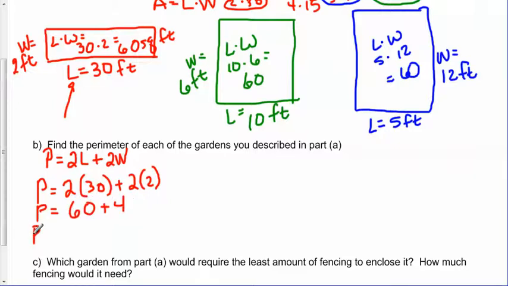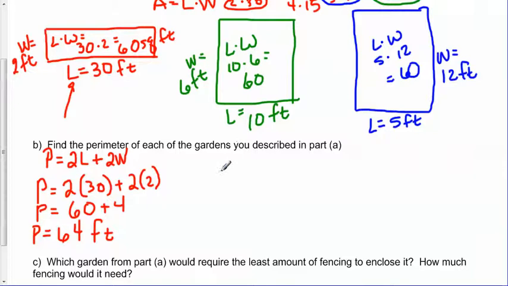So the perimeter for this one would be 64. And because we're talking about a perimeter, we need to have some units with that. 64 what? Well, all of these measurements are in feet. And since the perimeter is the distance around the rectangle, we would say the perimeter for that red one is 64 feet.